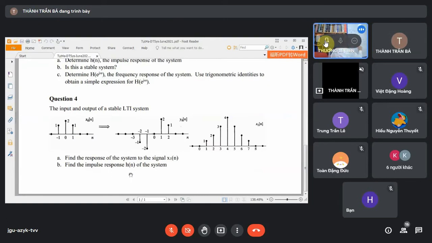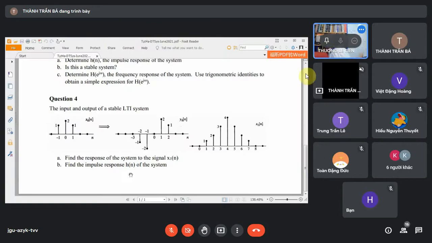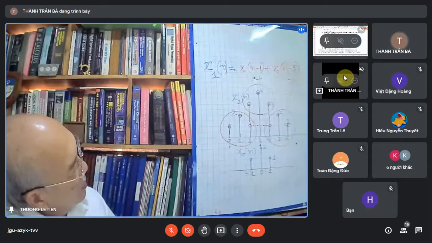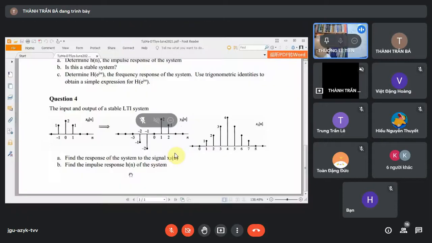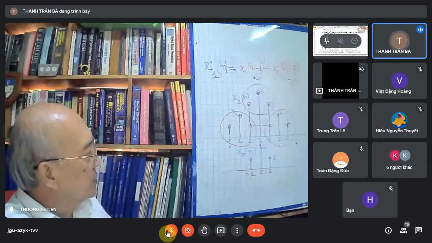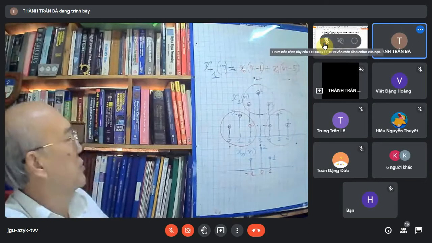Okay? You shift it, plus x0[n minus 5]. And what about this? We scale it up by a factor of 2. Now what we compare this one to this would be 2x0[n minus 3]. Minus 3. Okay.